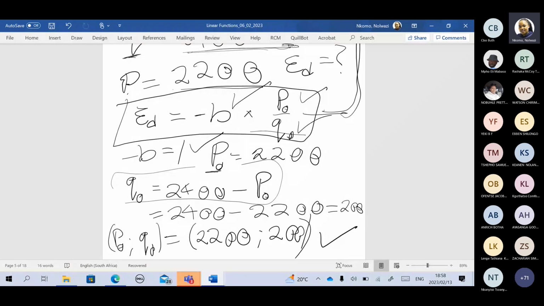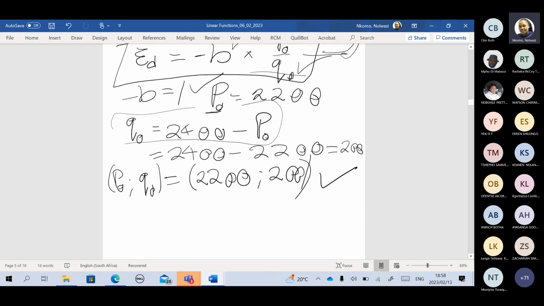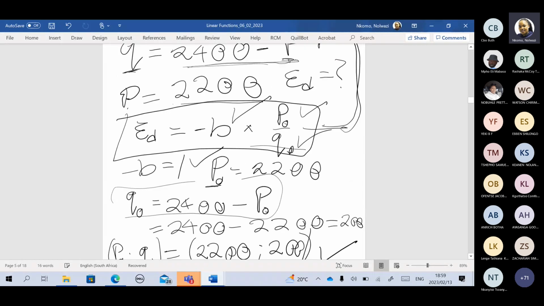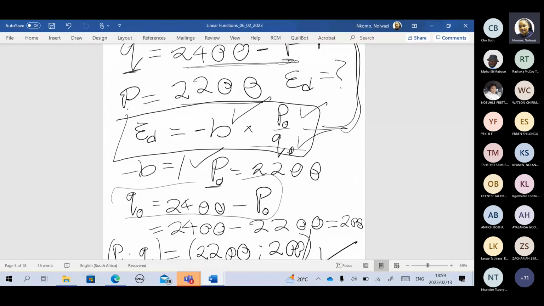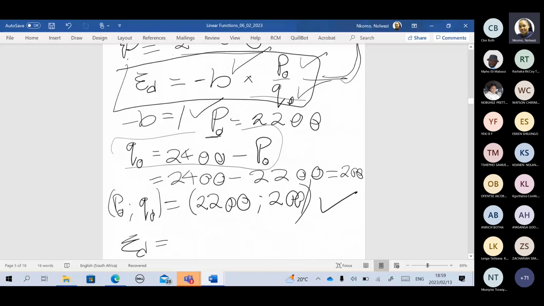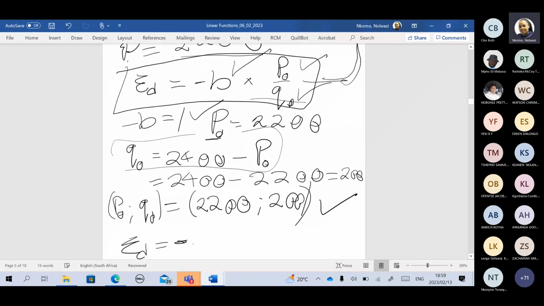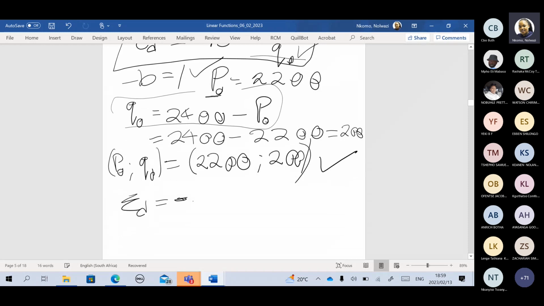Okay, let's substitute this back into the elasticity of demand equation. If we do that, we said minus B is equal to 1, right? So this means we have minus 1 as our B, times P naught. Our P naught is 2,200, and our Q naught, we obtained 200, right?